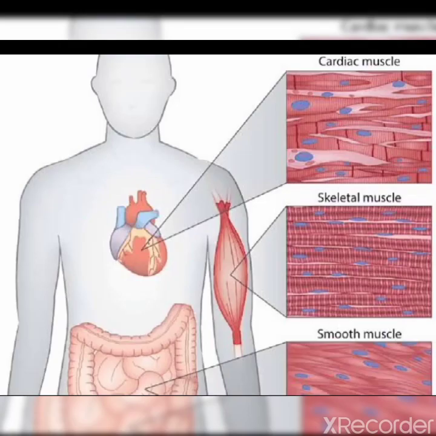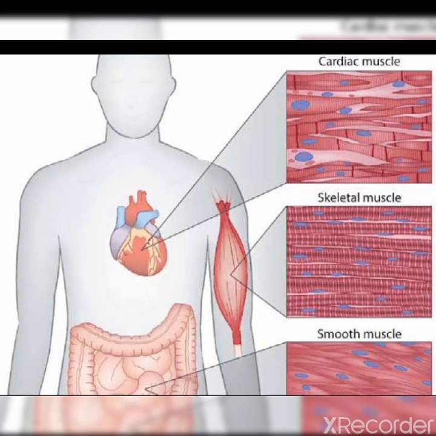Let's see the differences between voluntary muscles, involuntary muscles and cardiac muscles. First, we will see the shape of these three muscles. In voluntary muscles, the shape of the cell is cylindrical and unbranched.